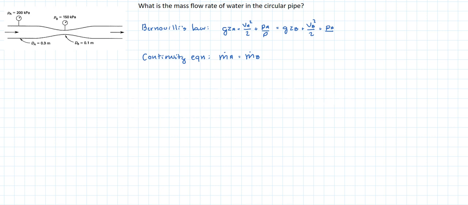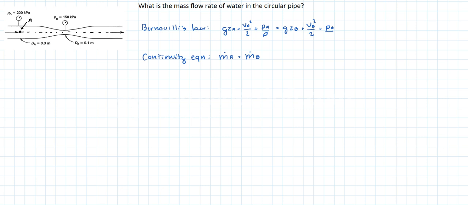The first one is Bernoulli's law, which applies on a streamline. A streamline is just the series of positions that a particle will take. So we're going to take it here.